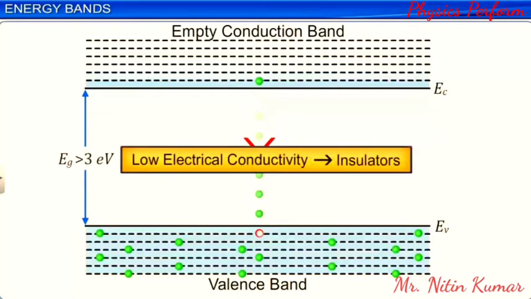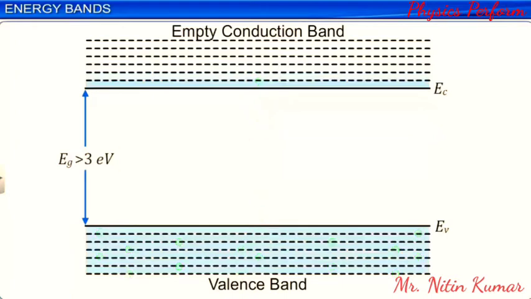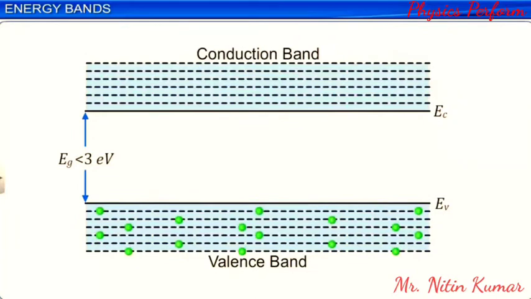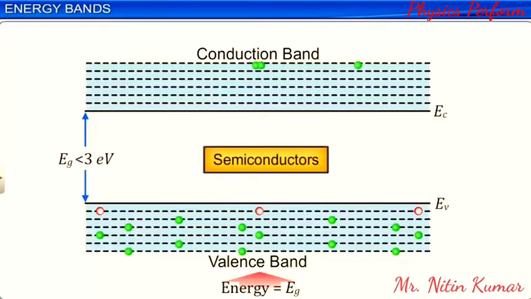In semiconductors, we have seen that a finite but small band gap of less than 3 electron volt exists, and as such, by supplying sufficient energy, the valence band electrons can move into the conduction band. Therefore, the semiconductors have conductivities between that of the conductors and insulators.